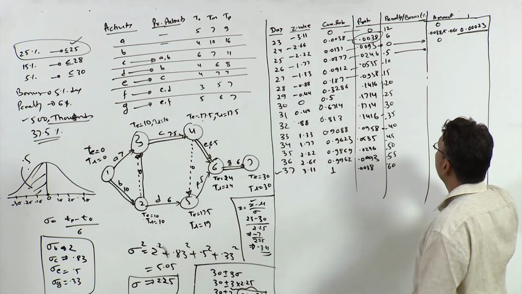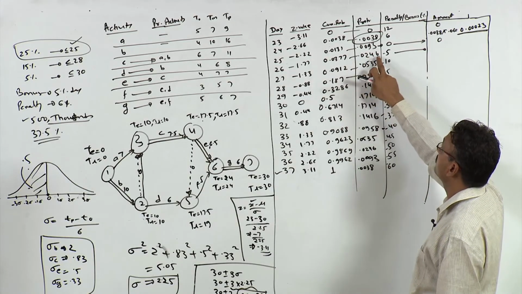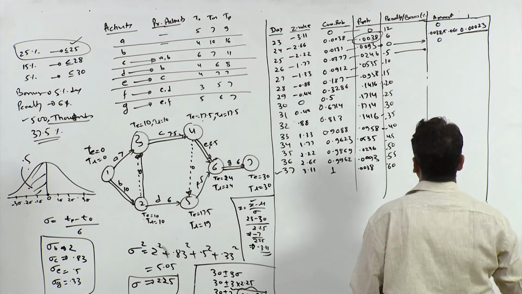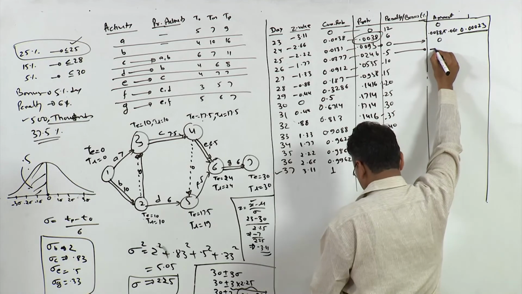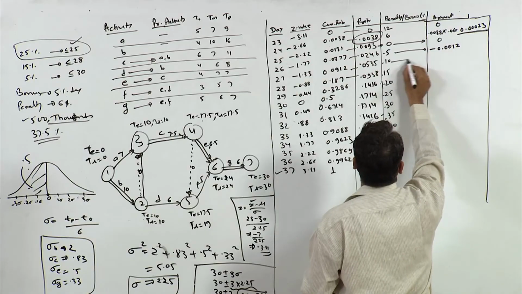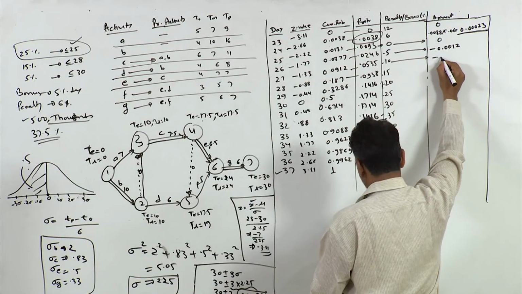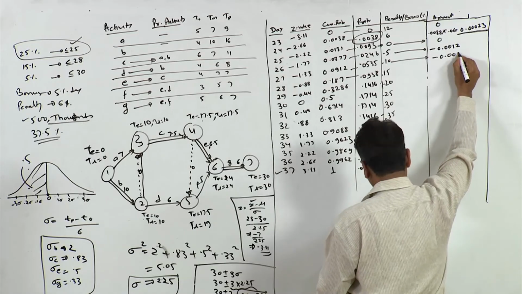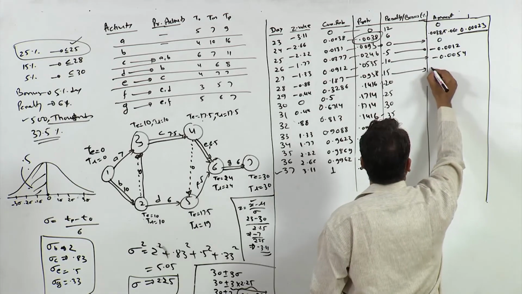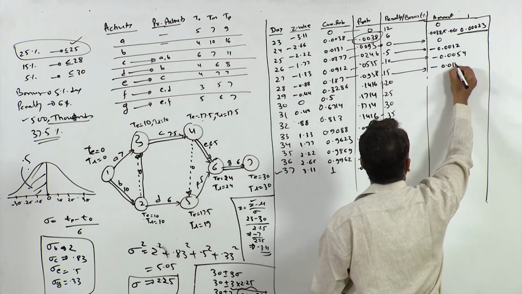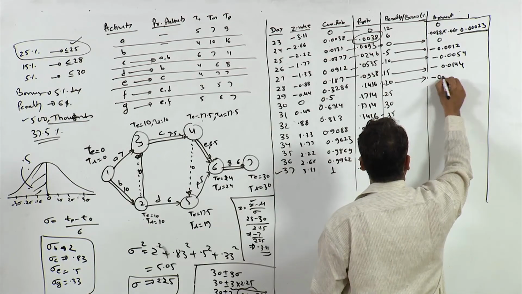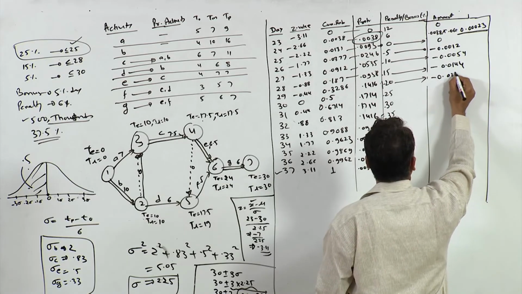So for 5%, let me write what this amount is. It would be 0.0246 into 0.05. So this is minus 0.0012. For 10% it is minus 0.0054. For 15% it is minus 0.0144. For 20% it is minus 0.0283.